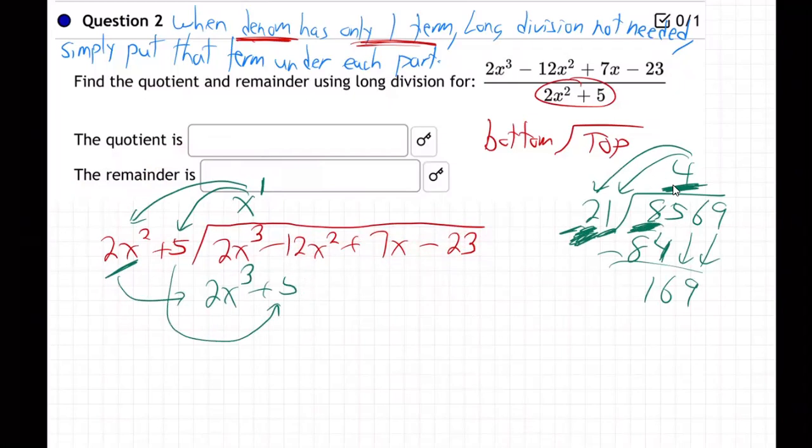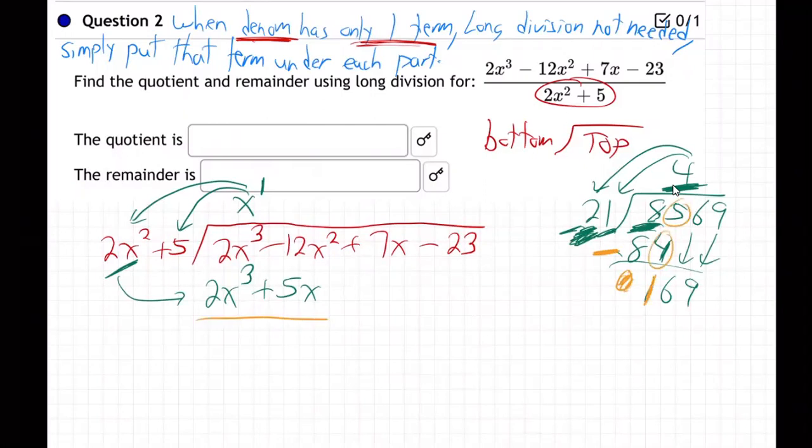Let me get that arrow out of the way. It's too much stuff. Plus 5x. Good so far. See how we matched the front? And then what do we do from there? We subtract. 8 minus 8 is 0. We don't even write that, do we? And 5 minus 4 is 1.